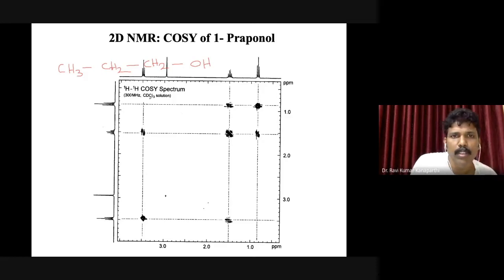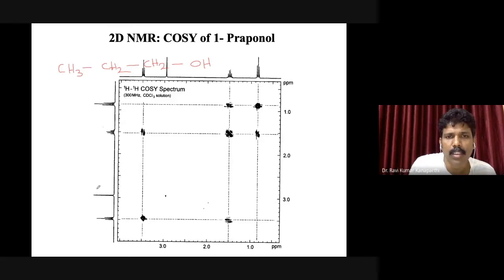This is the chemical formula of 1-propanol. Let's say this is 1, and this is 2, and this is 3, and this is 4. This is how the peaks are probably arranged.